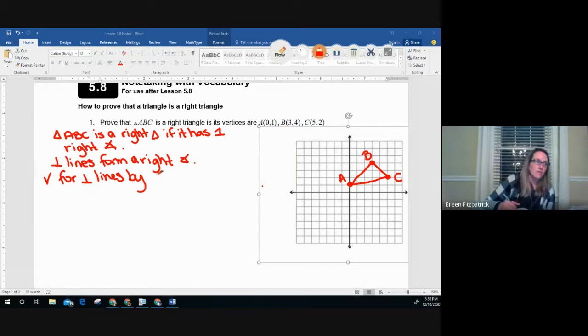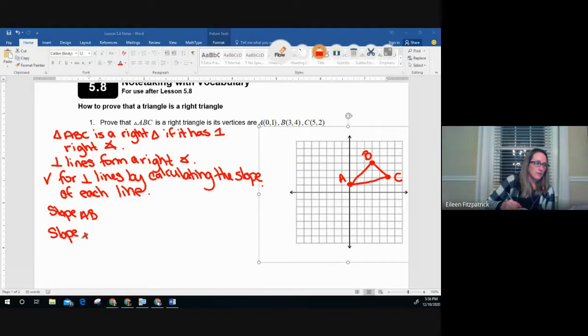So check for perpendicular lines by calculating the slope of each line. I'm going to find the slope of line AB, then the slope of line BC, and then the slope of line AC.